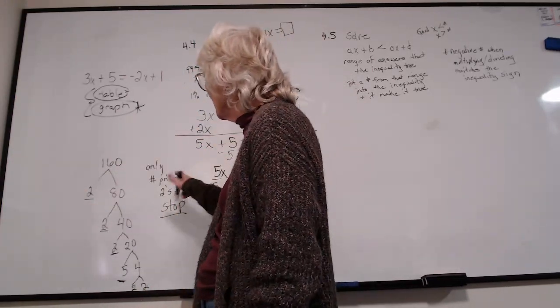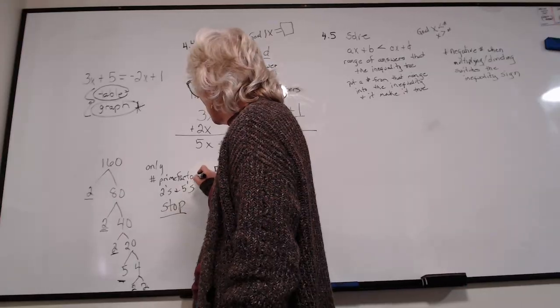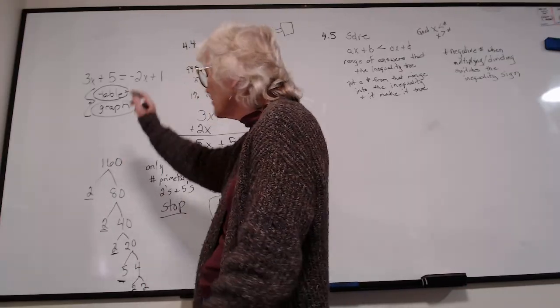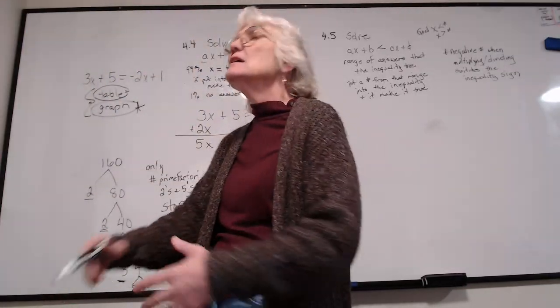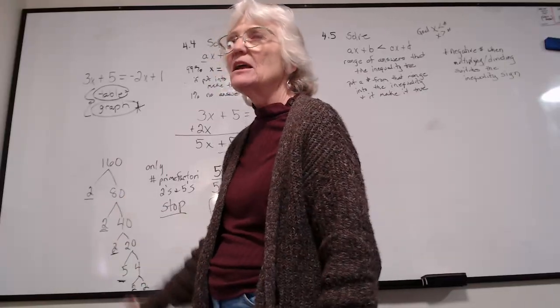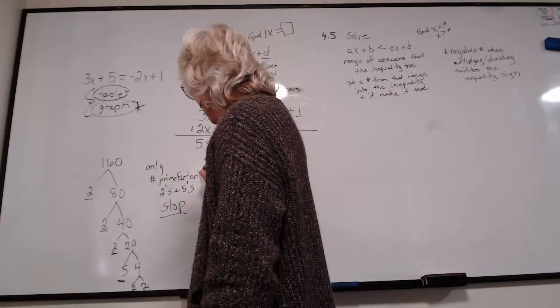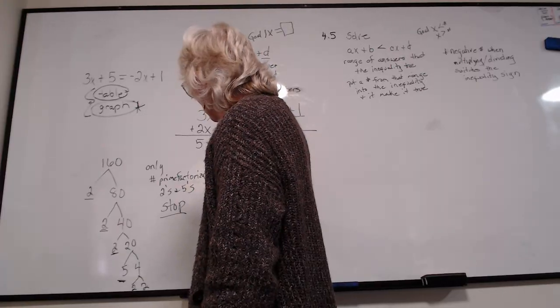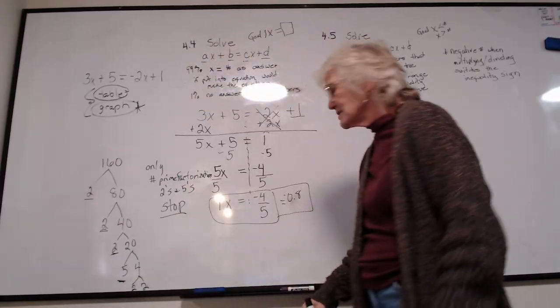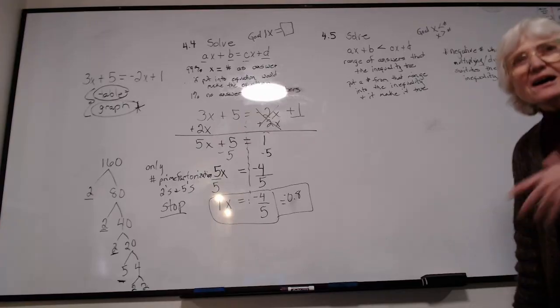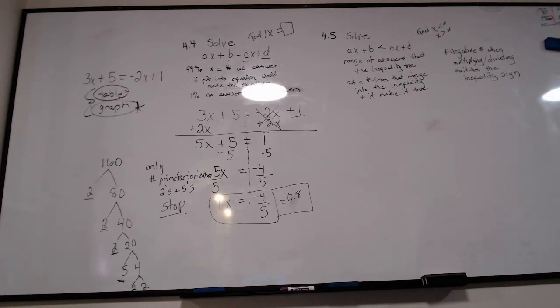So these will always stop. If you end up with a 7 or a 3 in there, it will not stop. That's just an extra thing so you can know if a decimal actually stops on your calculator.